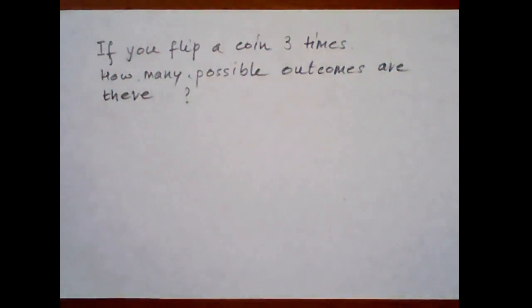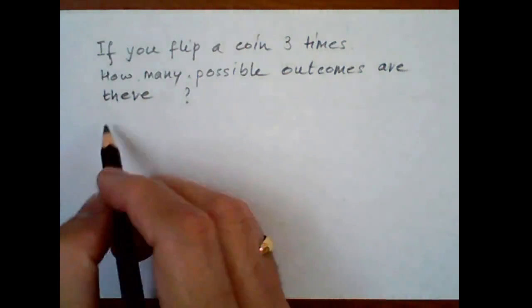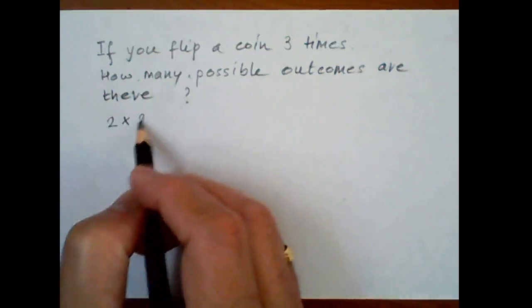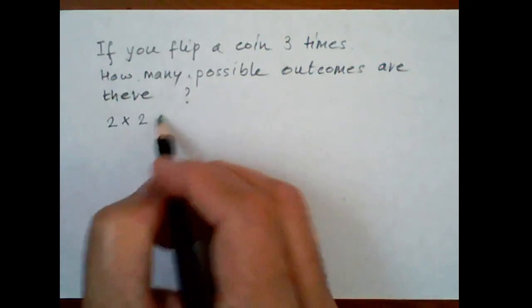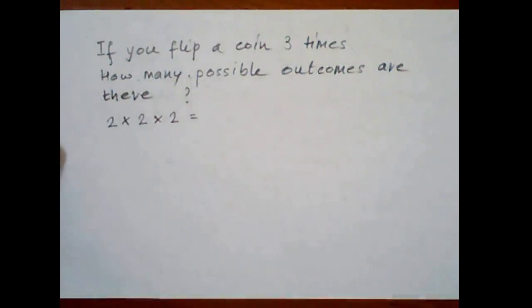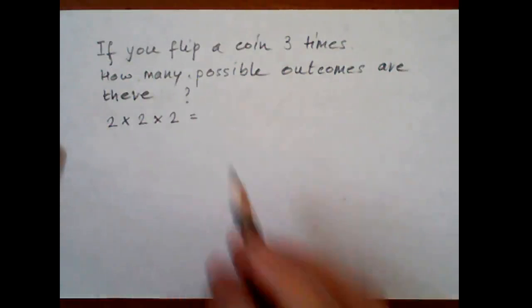Well, I don't think we need to draw a tree diagram once again, although you may choose to do that. But then we can simply say that for each of the 2 outcomes in the first toss, there are 2 outcomes in the second, and also there are 2 outcomes in the third toss, and so the number of possible outcomes is 8.